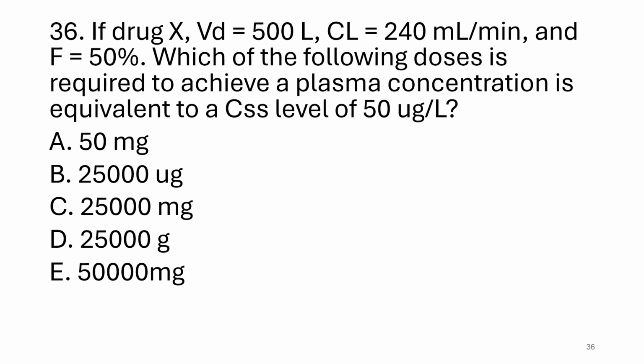Here you have drug X, with a volume of distribution of 500 liters, clearance of 240 liters per minute, and bioavailability of 50%. So 50% means one half, right? Which of the following doses is required to achieve a concentration of 50 micrograms per liter?